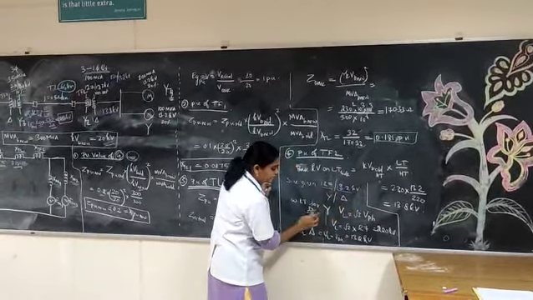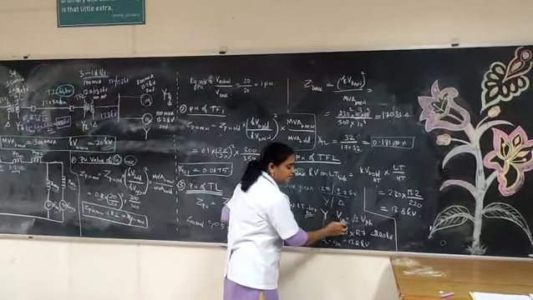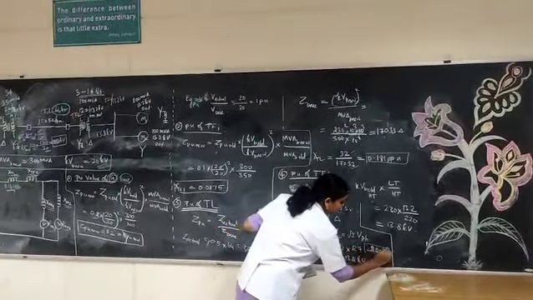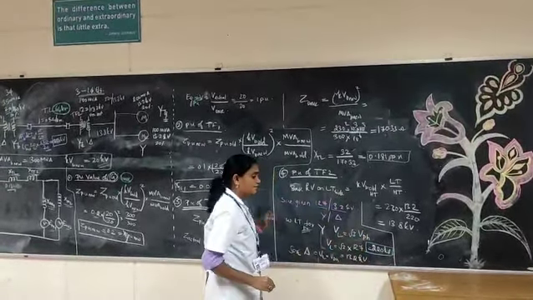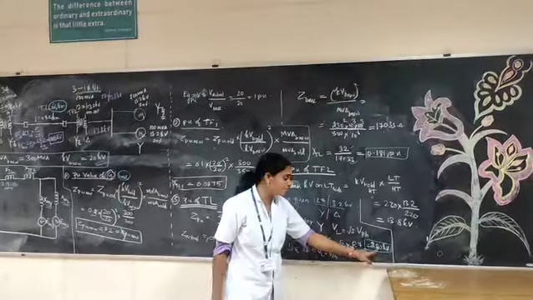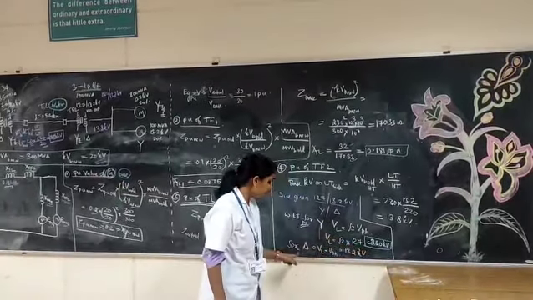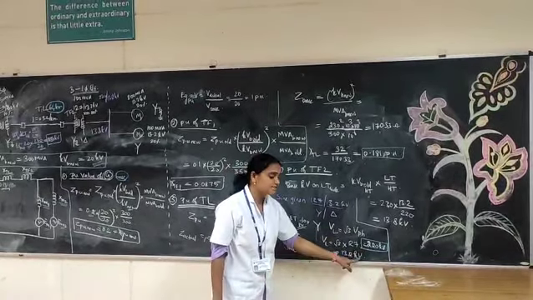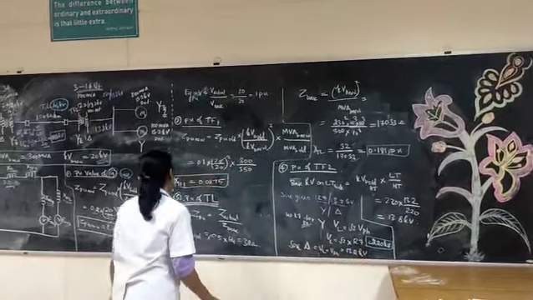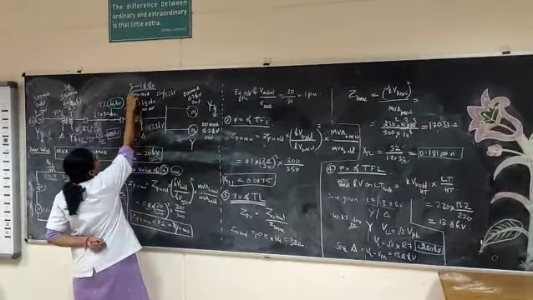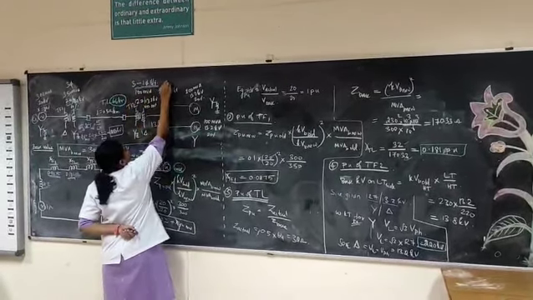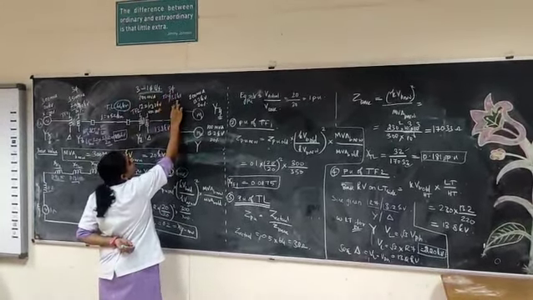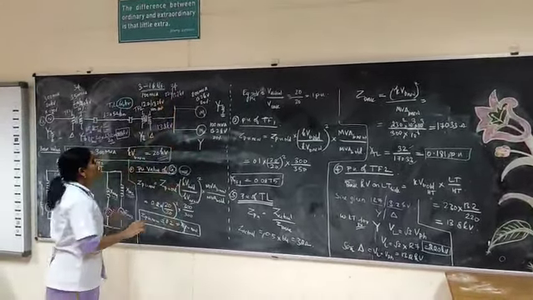We know that for a star connection, VL equals root 3 V phase. If you substitute, the line voltage of the 3 phase transformer is 220 kV, and since the secondary is delta, the voltage remains the same, 13.2 kV. So I have transformed these 3 single phase transformers to a 3 phase transformer with voltage rating 220 by 13.2 kV.